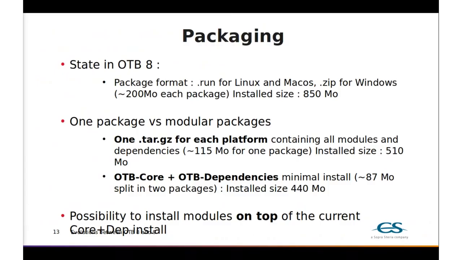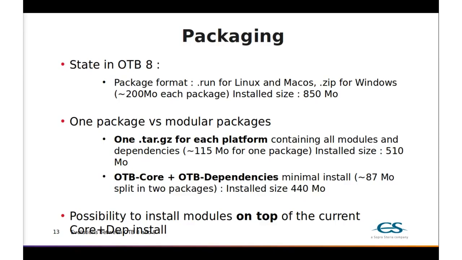So the tar, you just have to one click, or in terminal, you just have to extract it. And the package size came from 200 megabytes to 115, and the installed size goes to 510 megabytes. So it's a lot of gain.